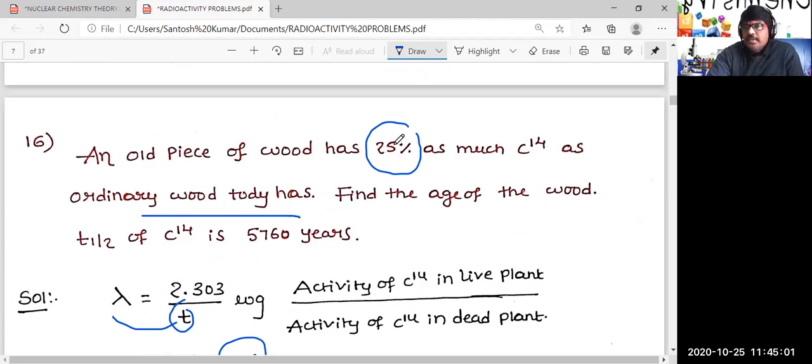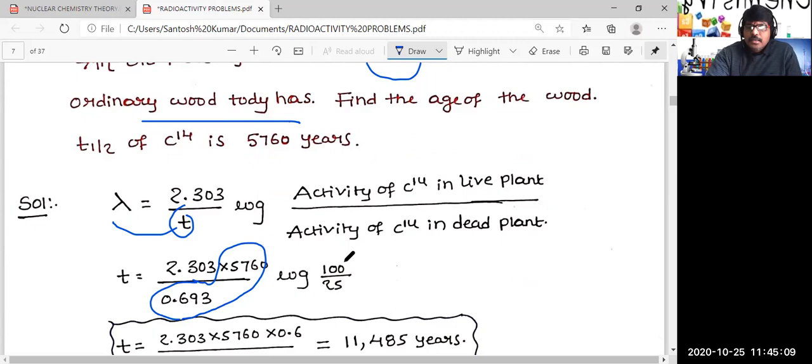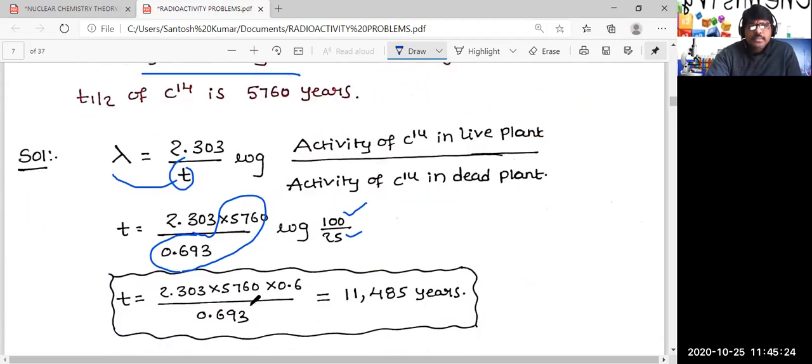He has given clearly this is 25%. So obviously, if the live plant is 100, in the old piece of wood it will be 25. So this is cancelled by 4 times. Log 4, log 4 is log 2 power 2, which is 2 log 2, and 2 log 2 is 0.6 approximately. And you can report your answer: what is the age of that old piece of wood?